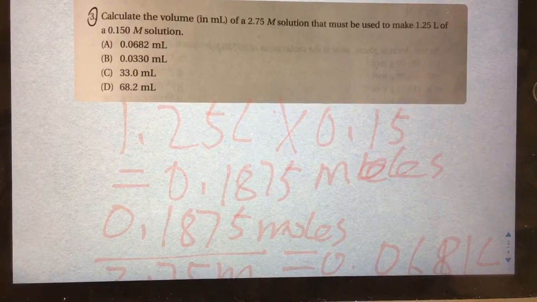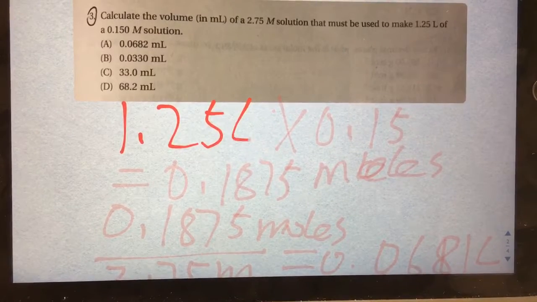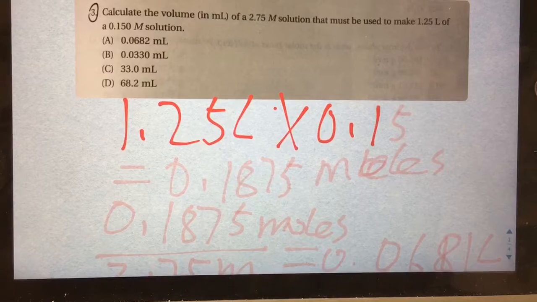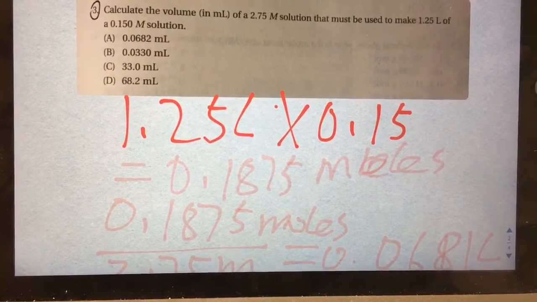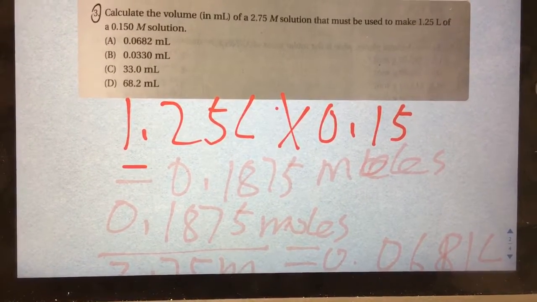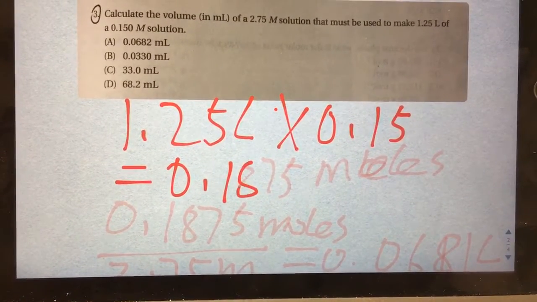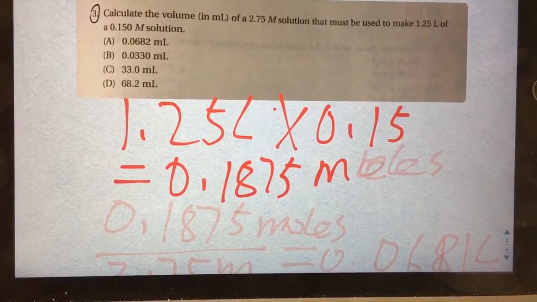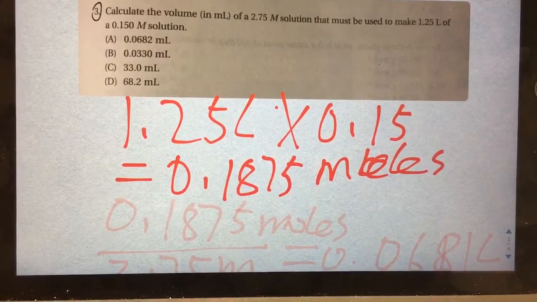We can simply use 1.25 liters times 0.15. That gives us 0.1875 moles.